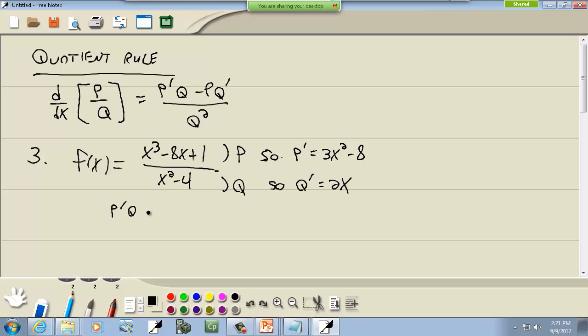So let's write down our formula. We've got p prime q minus p q prime over q squared.